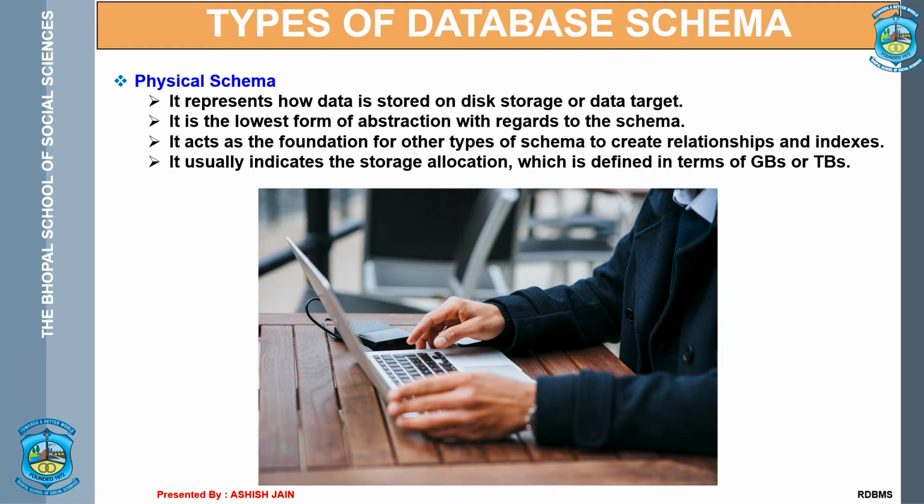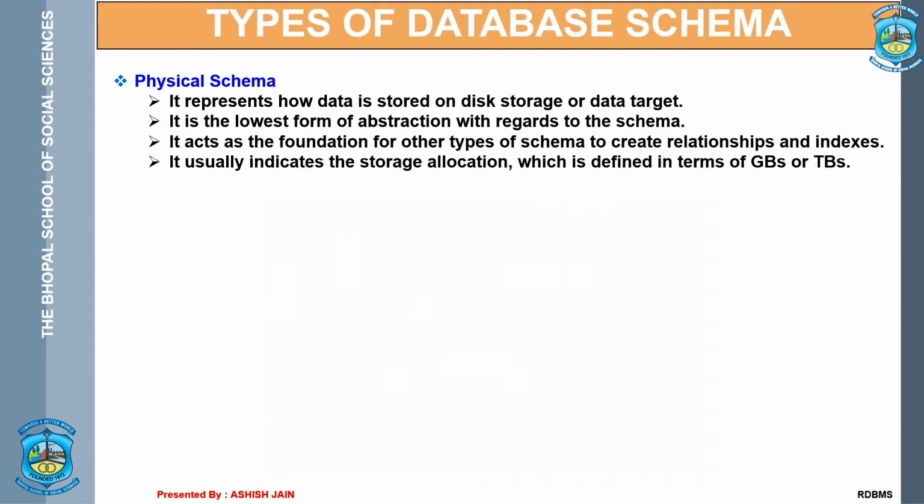So it represents how data is stored on the disk storage or the data target where you want to store the data finally. It is the lowest form of abstraction because all these levels of schema offer some kind of abstraction in data and data storage as well as retrieval. So it is the lowest form of abstraction. It acts as a foundation for other types of schemas to create relationships and indices.